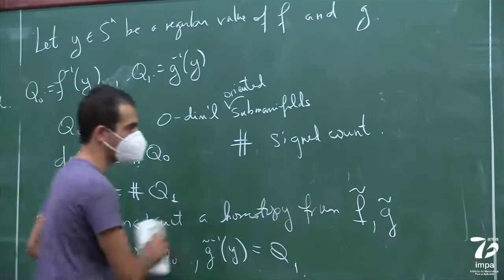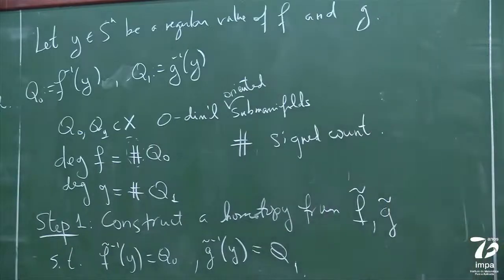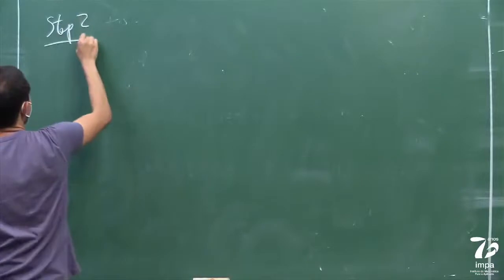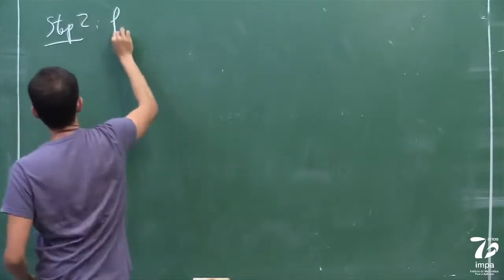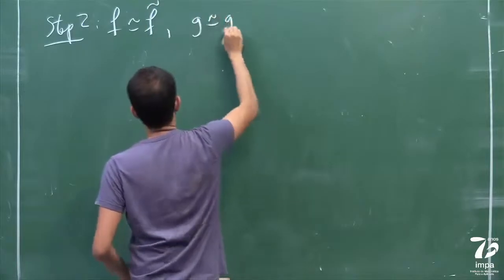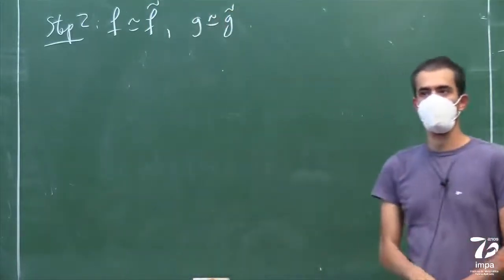And then the second step, step 2, I'll show that f is homotopic to f tilde, and g is homotopic to g tilde. Okay?